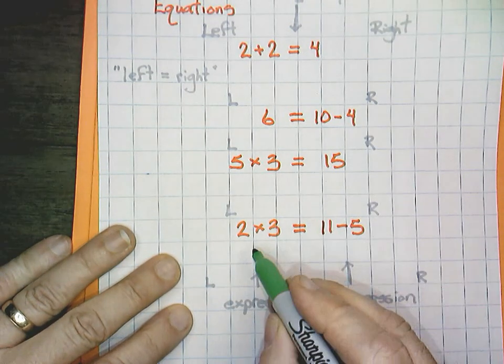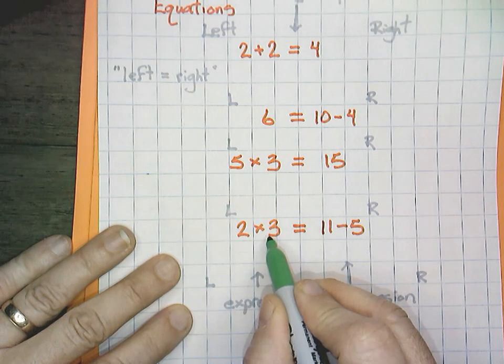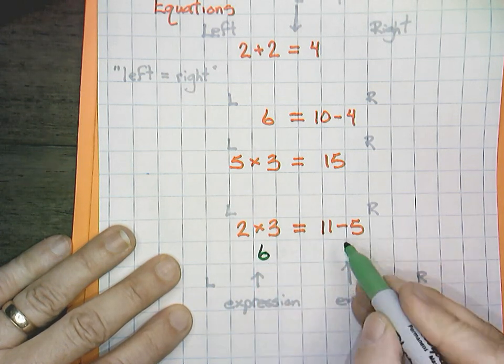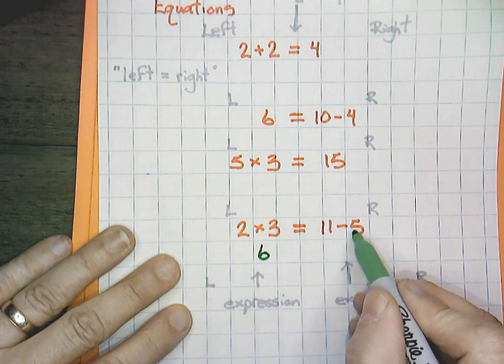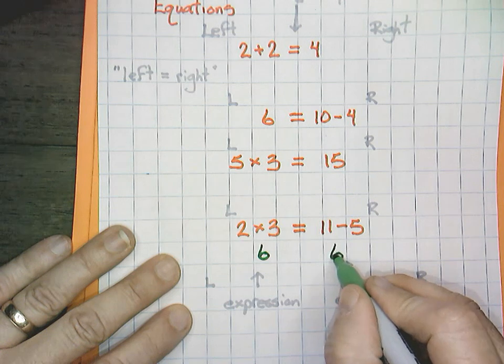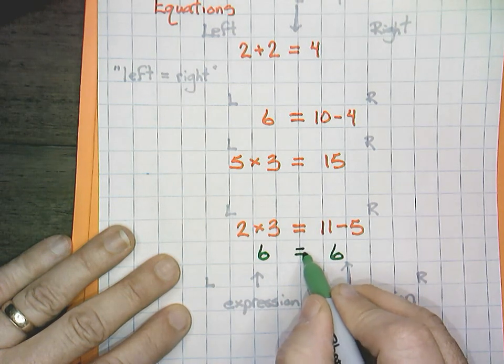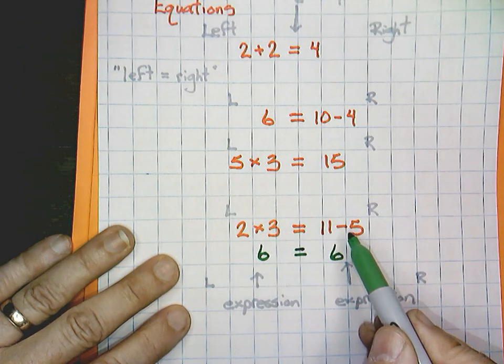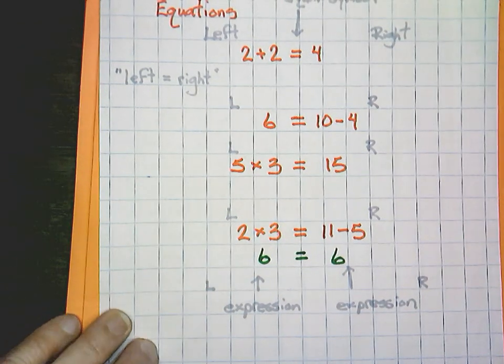I can prove that by 2 times 3, which is our expression on the left, is equal to 6. On the right side, our expression 11 minus 5 is also equal. And so you can see why this is another example of an equation.